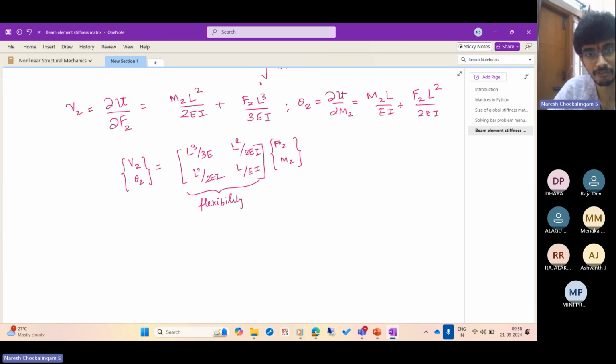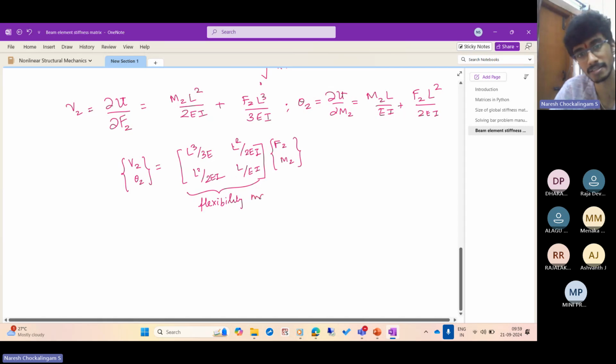If I say F2 equal to 1, M2 equal to 0, the first column will be the displacements that are produced. And if you set F2 equal to 0 and M2 equal to 1, the second column will be the displacements that are produced. So this is the flexibility matrix.